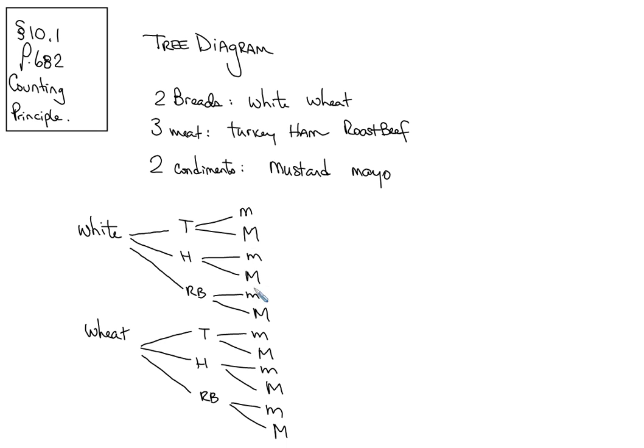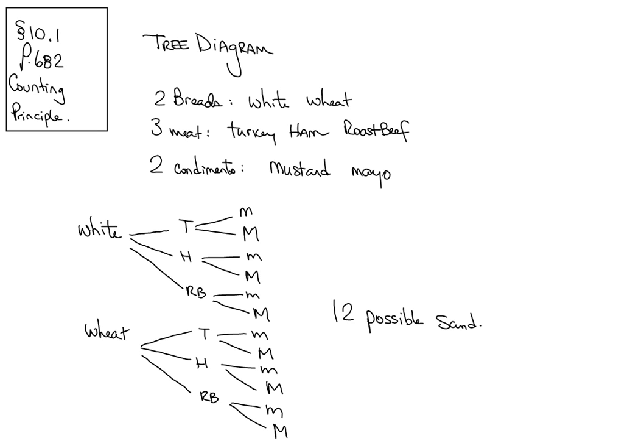So we have 1, 2, 3, 4, 5, 6, 7, 8, 9, 10, 11, 12 possible sandwiches. Now again, that's 12 possible sandwiches if we only choose one from each category, right? Now, if we allow you to have both mustard and mayo, okay, now that gives us more possibilities. But keeping things simple for the purposes of our tree diagram, does everybody see how we did this?